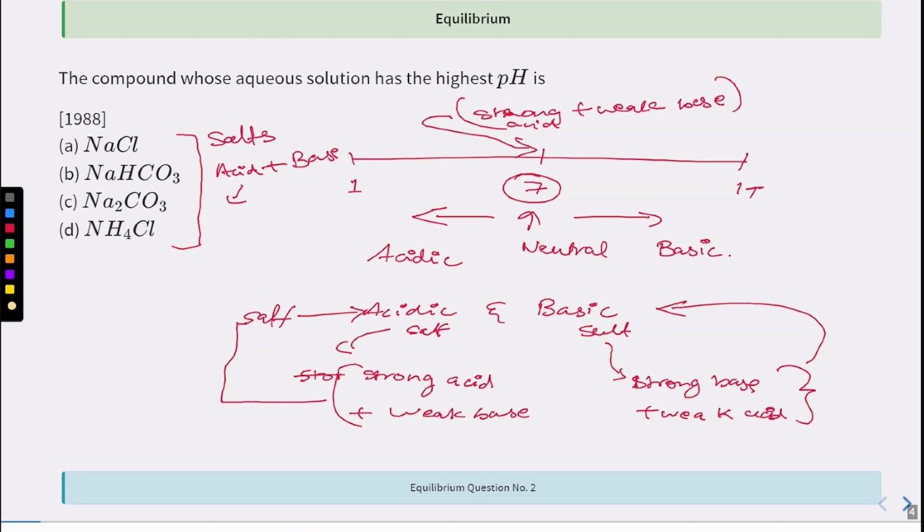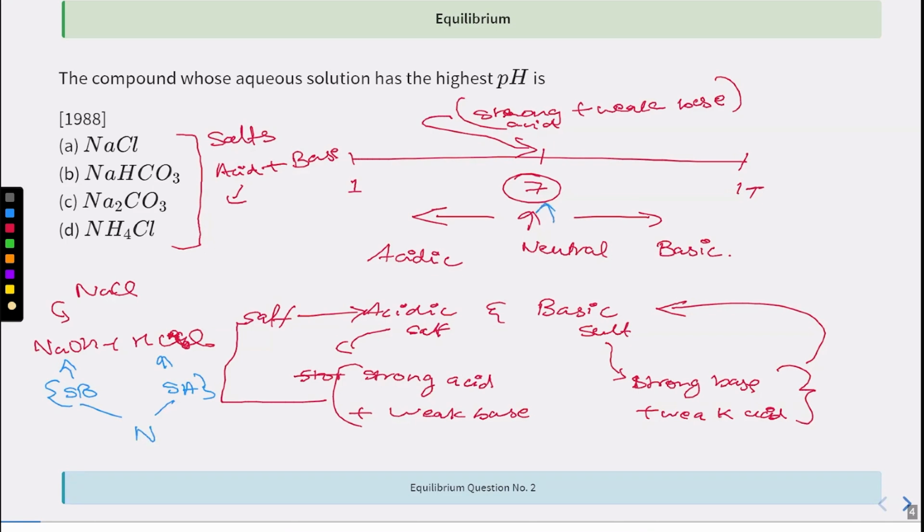Okay. So for example, let's take NaCl. NaCl will be formed with NaOH plus HCl. Now if you see, NaOH is a strong base and HCl is a strong acid. Make sense? So the salt that will be formed by a strong base and a strong acid is actually a neutral salt, and a neutral salt will have a pH of 7.